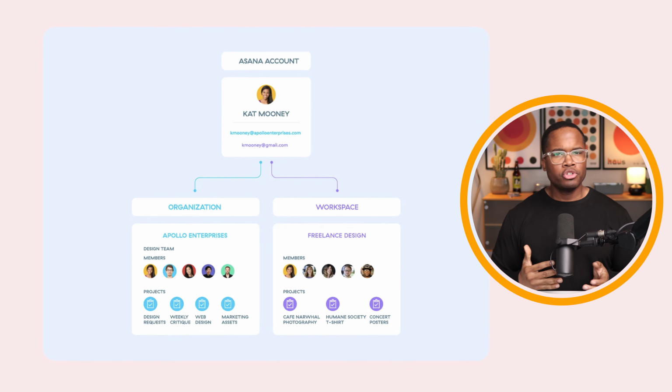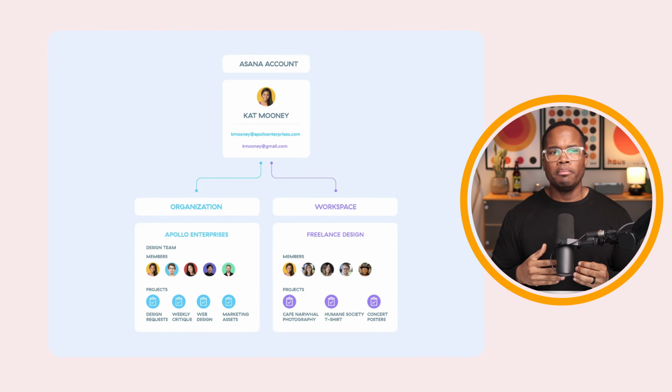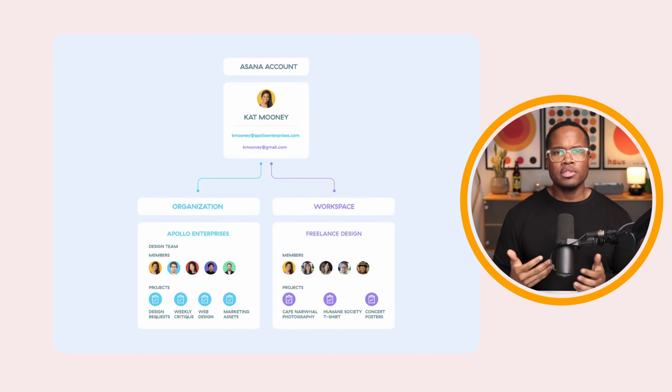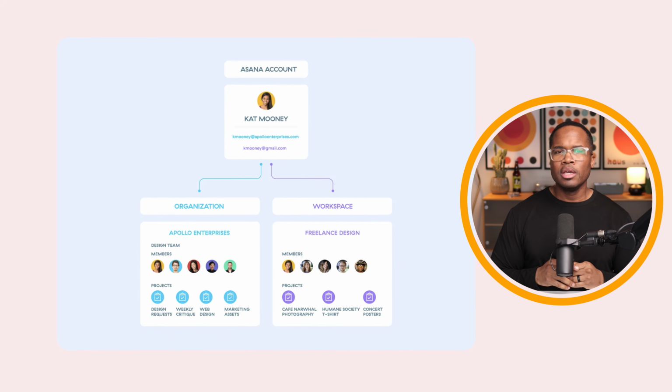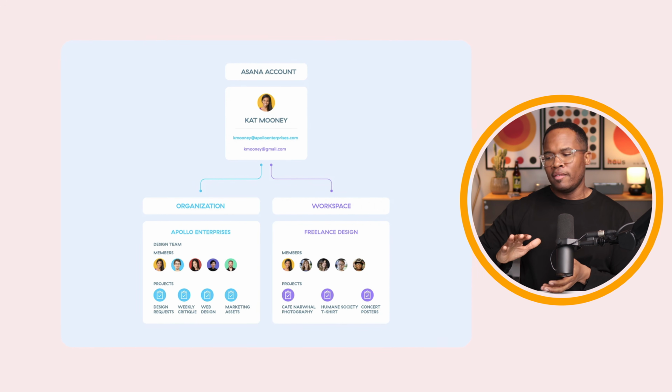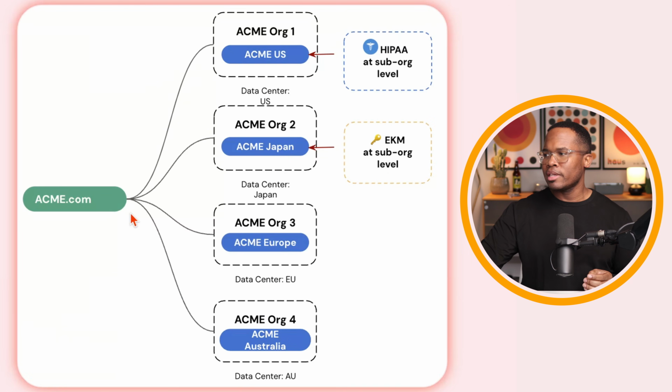There isn't as much control or privacy. Not everyone would have access to all the settings or admin controls. And so workspaces have a certain use case, but in this case, you'd be managing multiple organizations where you can deploy things like HIPAA across them and make sure that you're monitoring different security and compliance through electronic key management and things of that nature.